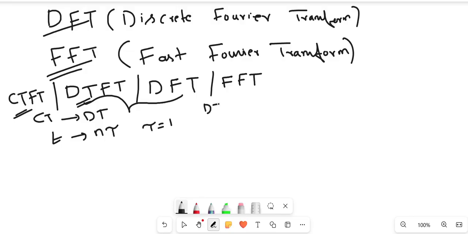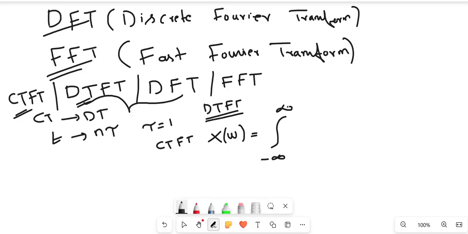So the first, discrete time Fourier transform. What is the Fourier transform equation? The continuous time Fourier transform will be the integral from minus infinity to plus infinity of x of t into e power minus j omega t dt.